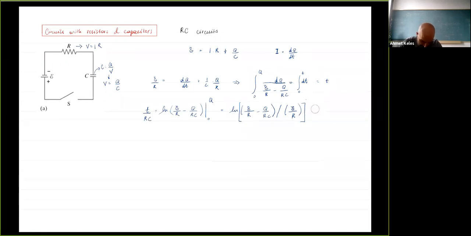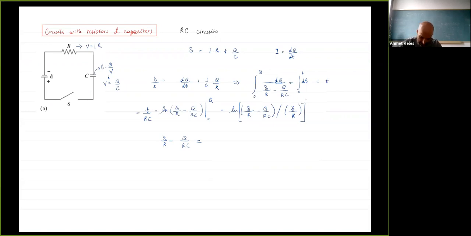Okay, now I can take it. E over R minus Q over RC should be equal to, okay, this is like an overall RC, this is like minus.